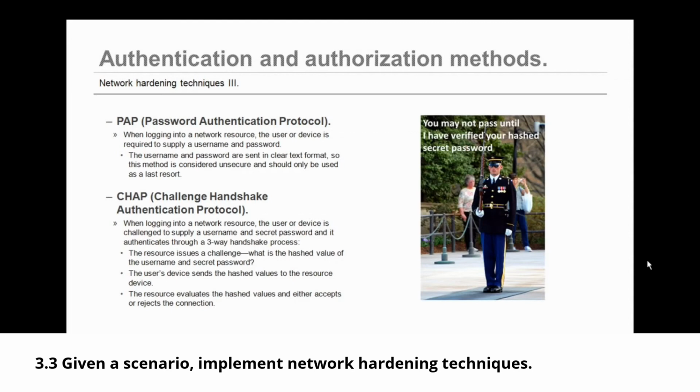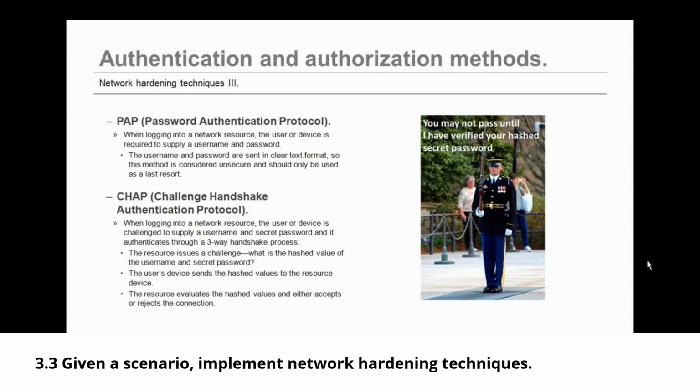More secure than PAP is CHAP, Challenge Handshake Authentication Protocol. It is similar to PAP in that when logging into a network resource, the user or device is challenged to supply a username and secret password, and it authenticates through a three-way handshake process. The way it works, the resource issues a challenge.